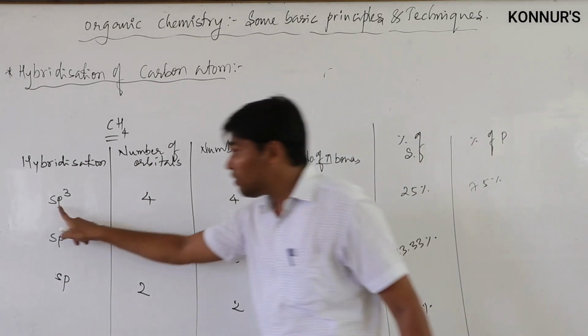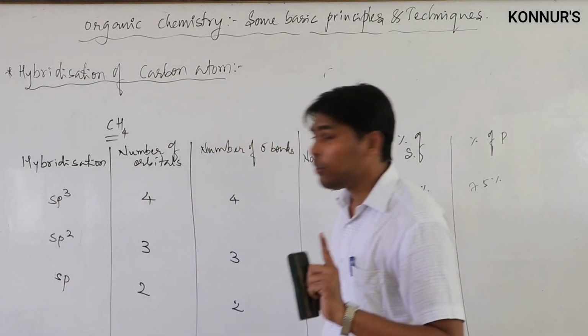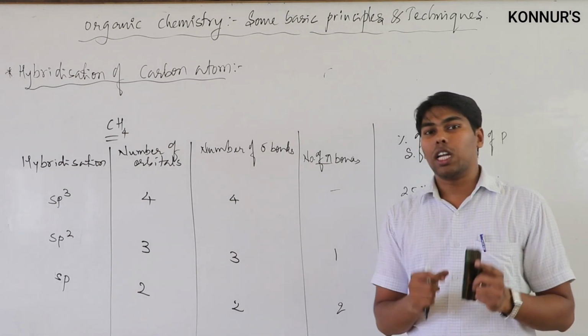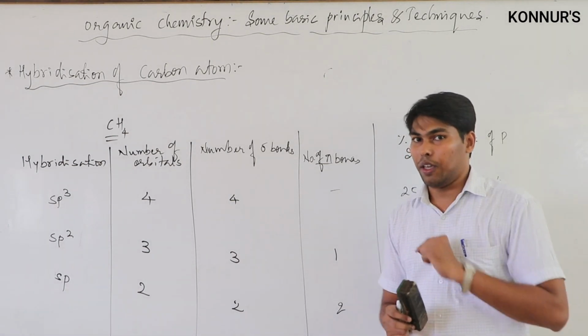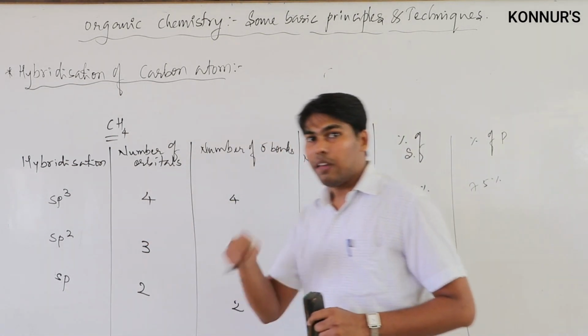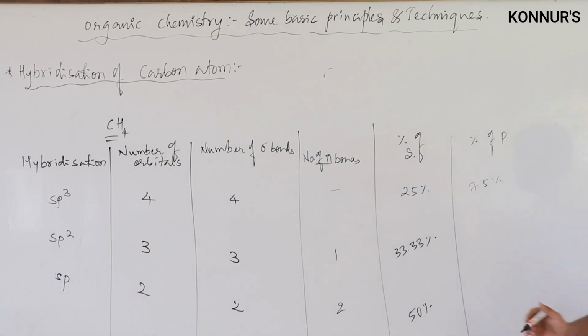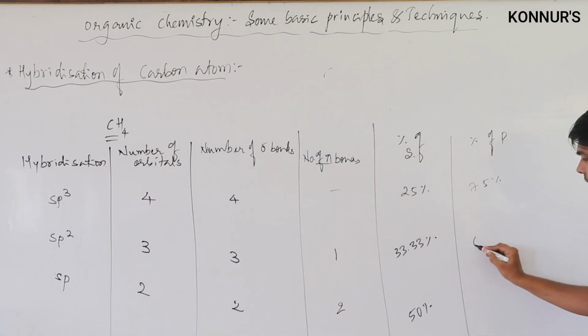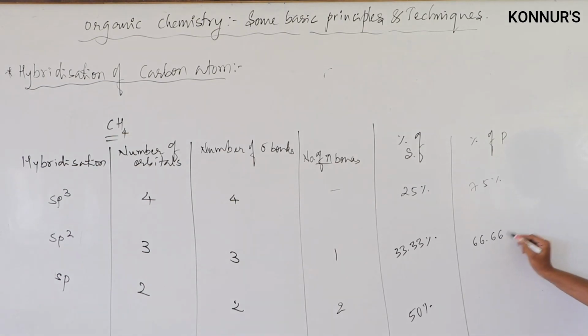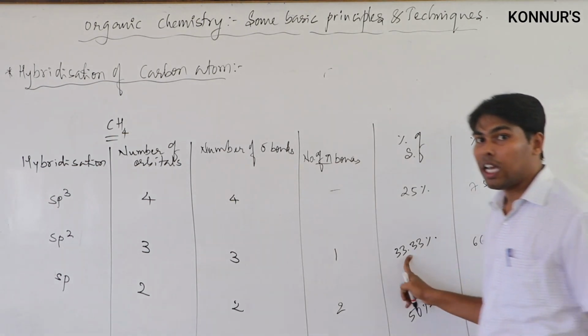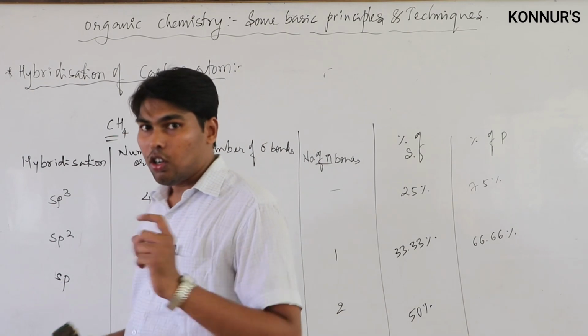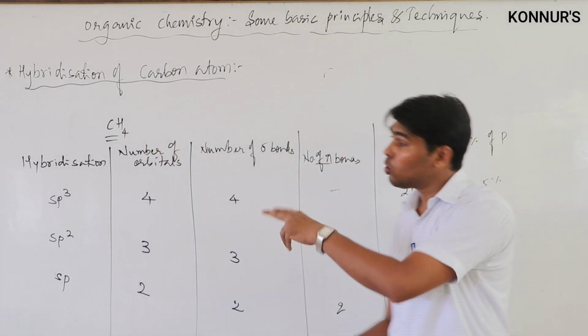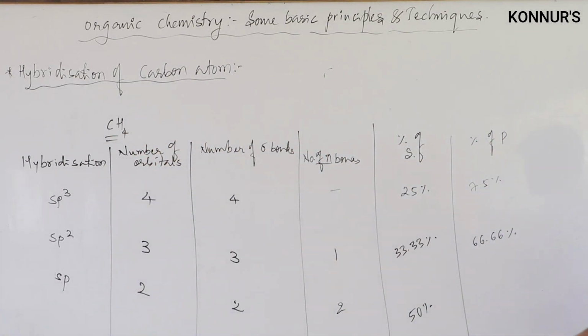Since there are 3 p orbitals, I have already told you that point: 1 orbital contributes 25, so 3 times 25 is 75. And here the remaining part is 66.66%. Each orbital contributed 33.33. So S contributes 33.33, and P, being 2 in number, contributes 66.6.